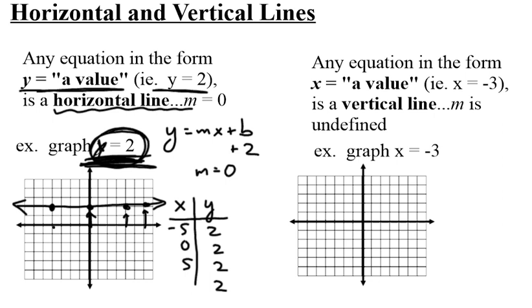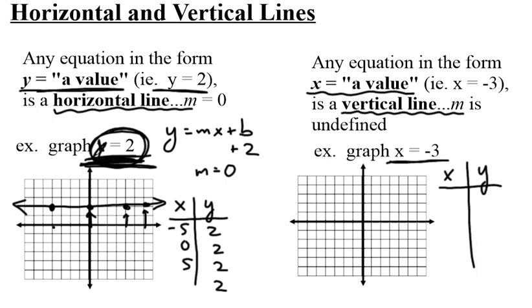So with that being said, when we have x equals a value, it's the opposite. We have a vertical line. M is undefined. Again, a little tricky, but just getting used to identifying. Table of values. X equals -3. X is going to be -3 no matter what. Y could be anything. -2, 0, 2. So when X is -3, Y is -2.